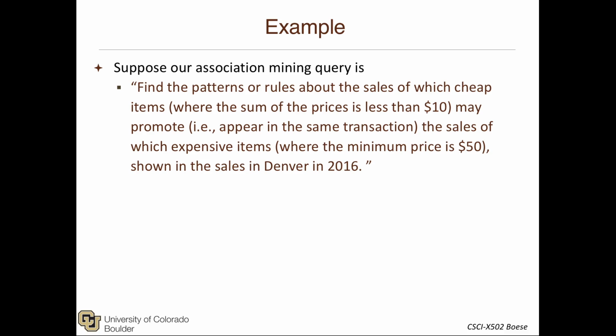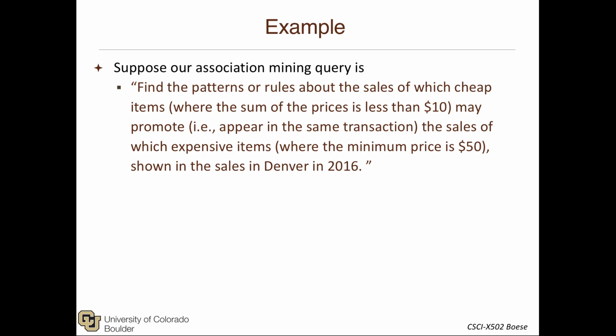Okay, so let's look at one more example. Suppose our association mining query is to find the patterns or rules about the sales of cheap items, where we're defining cheap items to be the sum of the prices is less than $10, that may promote or appear in the same transaction the sales of expensive items.